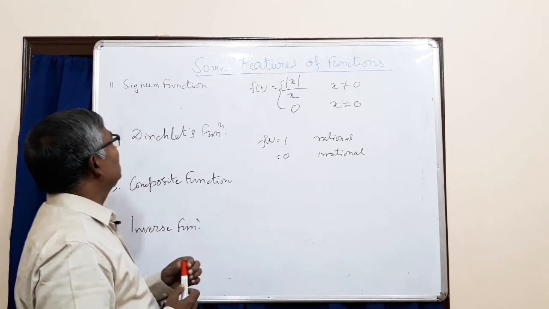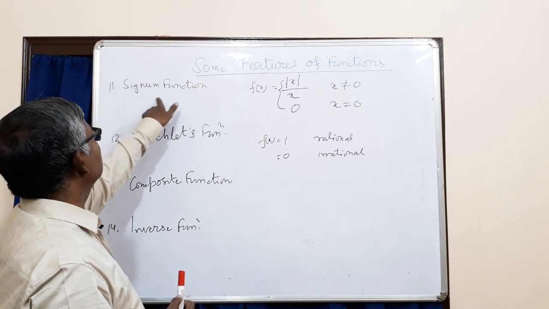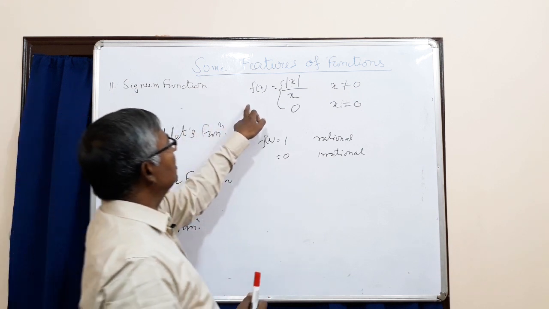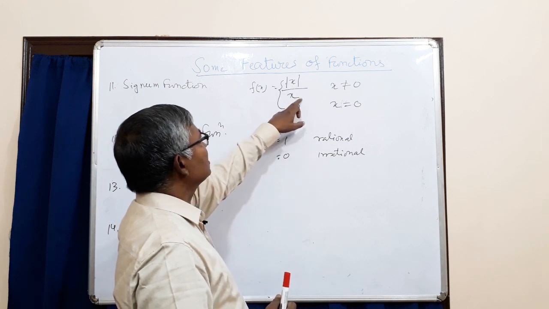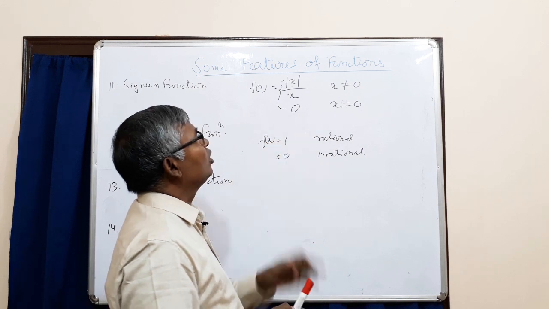Students, now see another type of function called the signum function, which is of the form f x equals mod x by x when x is not equal to 0, or 0 when x equals 0.